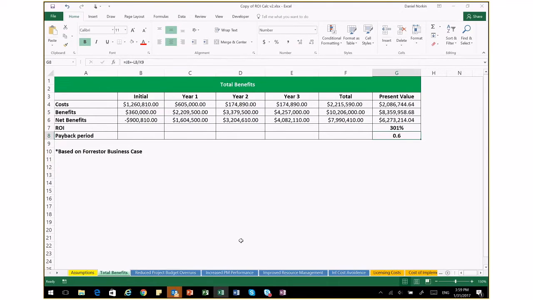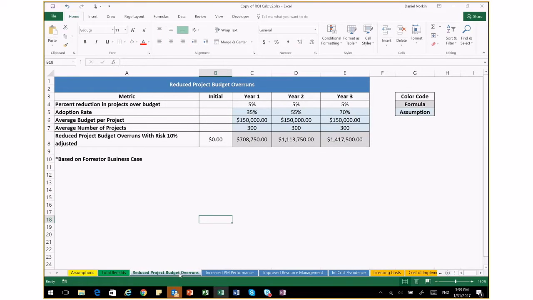You can change all sorts of different numbers, like reduced project budget overruns. I color coded this so you know what's a formula: if it's gray, don't touch it, you might mess it up. If it's an assumption, then it's blue. Those are the numbers you can change on your own.